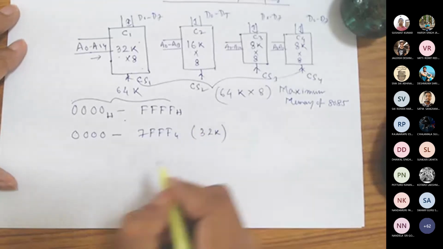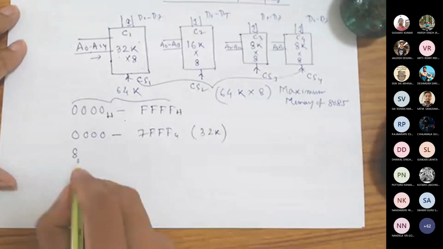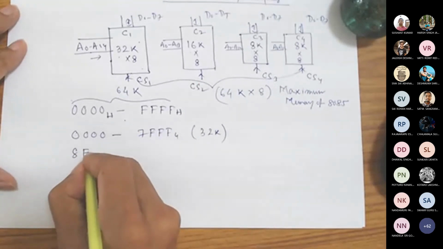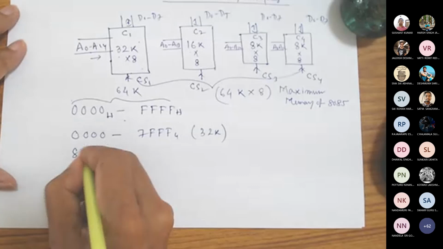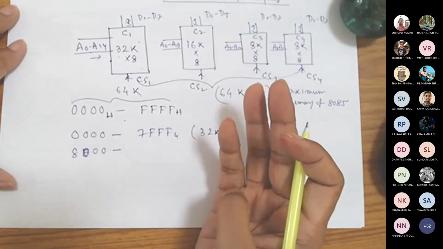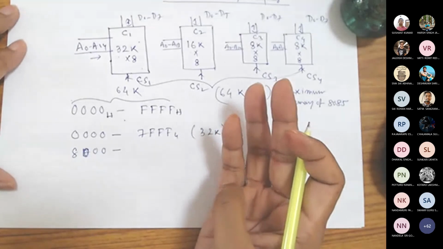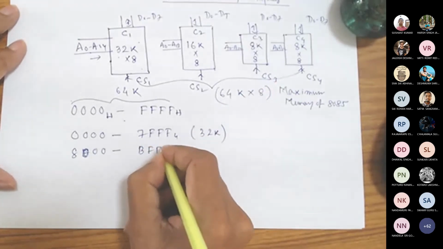If you carefully look into it, you'll find that this is 32K. Now my next one is a 16K. I can say that 8000 to BFFF.